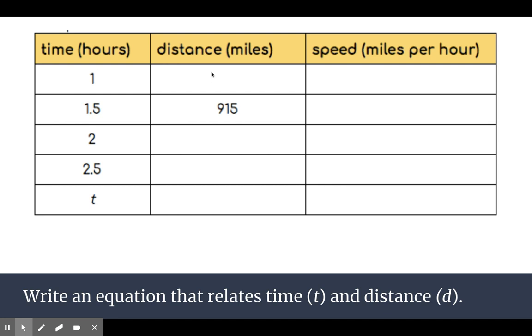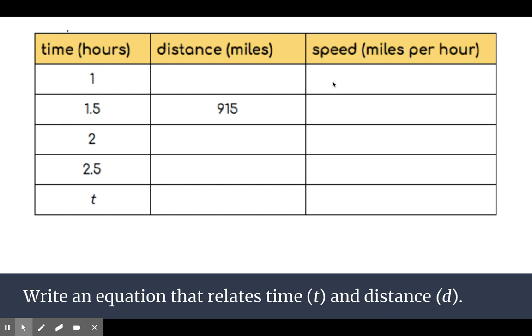But if I did that for 1 hour, I could complete 610 miles. So again, this first blank is 610. And I got that by dividing 915 by 1.5. So that means that I can do the last column. It says that we want to write this in miles per hour.